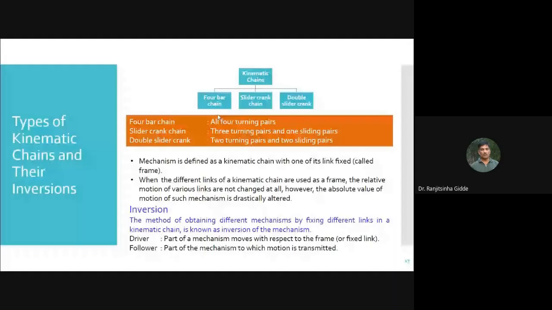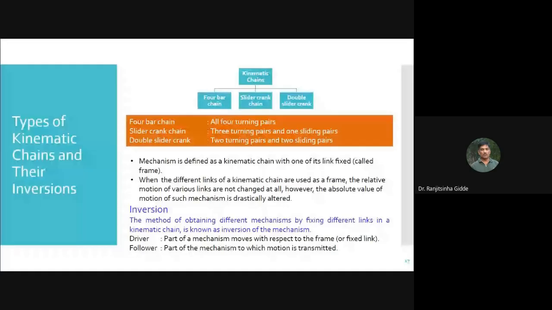So these are the kinematic chains. There are three types. Then second part, we can have one fixed link, you will get certain motion. If we are going to fix a second link, we are going to get a different motion. So based on that, the process to obtain different motion is called inversion.